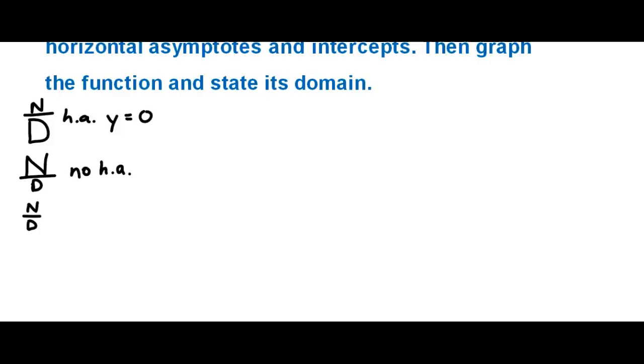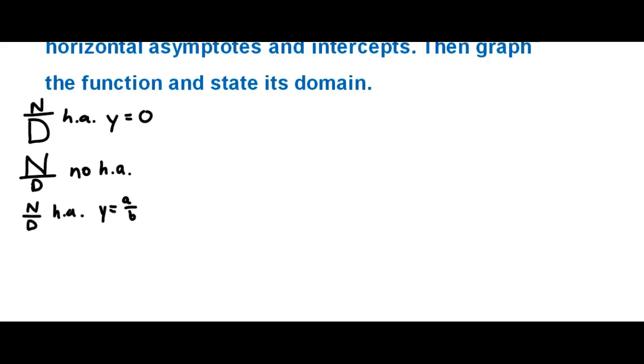So in that case, your horizontal asymptote would essentially be the fraction of your highest degree coefficients. So y equals a over b, where a and b are your highest degree coefficients in the numerator and the denominator.